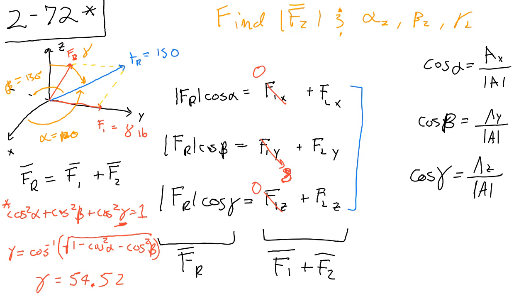So we'll say F2x equals, I'll just put the numbers in. So we have 150 cosine of alpha, which is 130. Oh no, alpha is 120. Force 2y is going to be 150 cosine of beta, which is 130, minus 8.